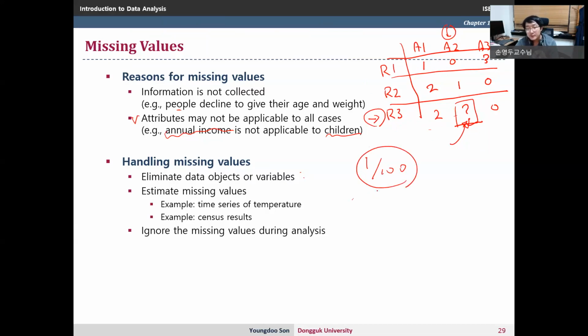However, if the missing rate, meaning the ratio of missing values compared to all attribute values, is more than 10% or 20%, then eliminating these records is very difficult. So in this case, we usually replace these missing values with other values.